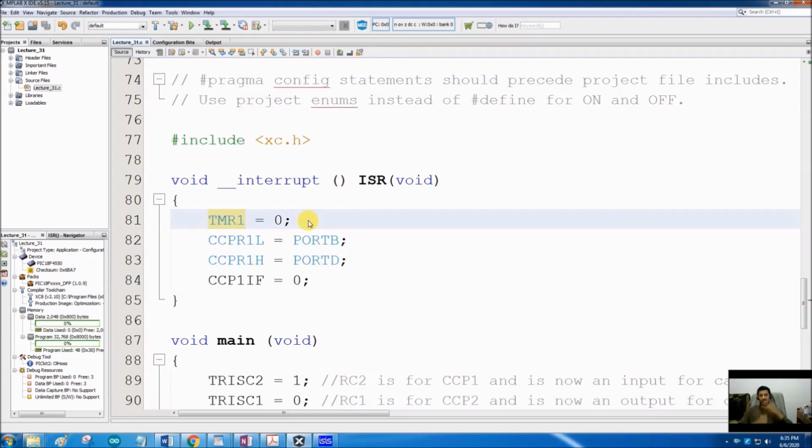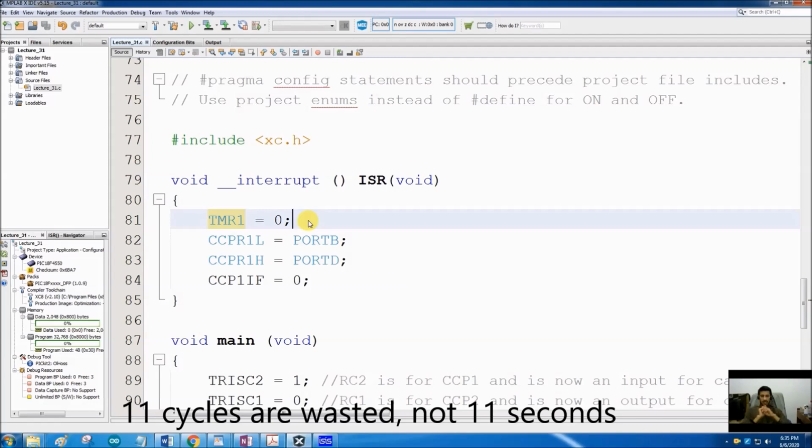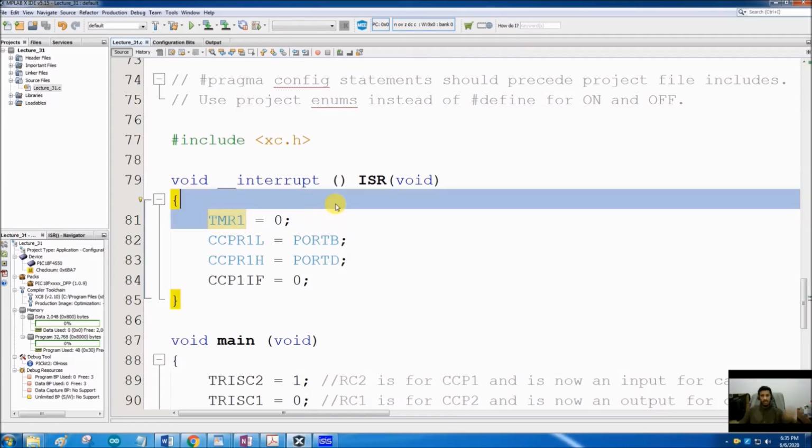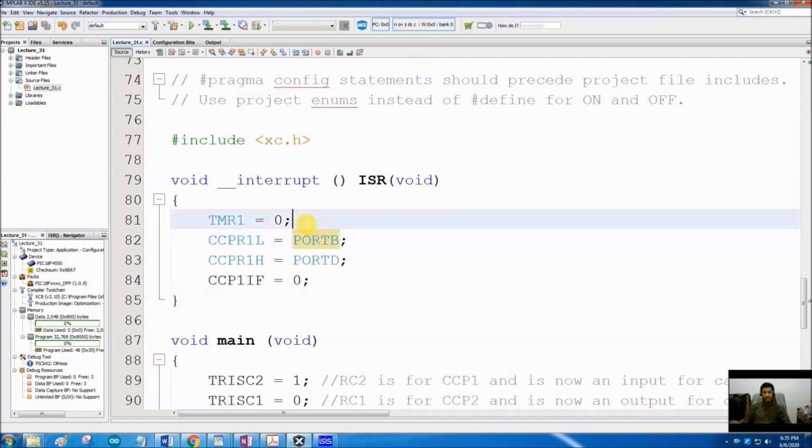We will see that precisely 11 cycles are wasted in this reloading or resetting of the timer. That's why I am saying that manual reloading or manual resetting of timer is not as accurate as the automatic resetting and reloading or preloading of the timer by the hardware, because that is running in the background and is not consuming any processor cycles. We will run this code and we will see this phenomenon.